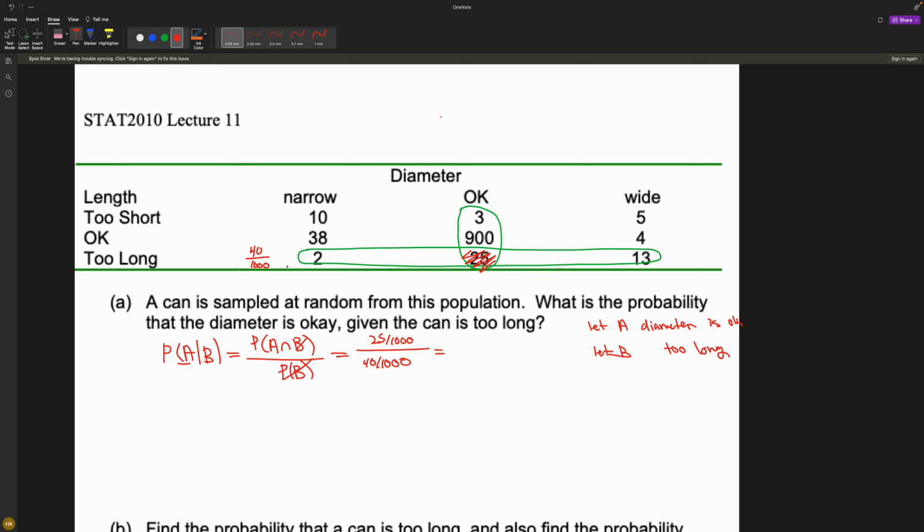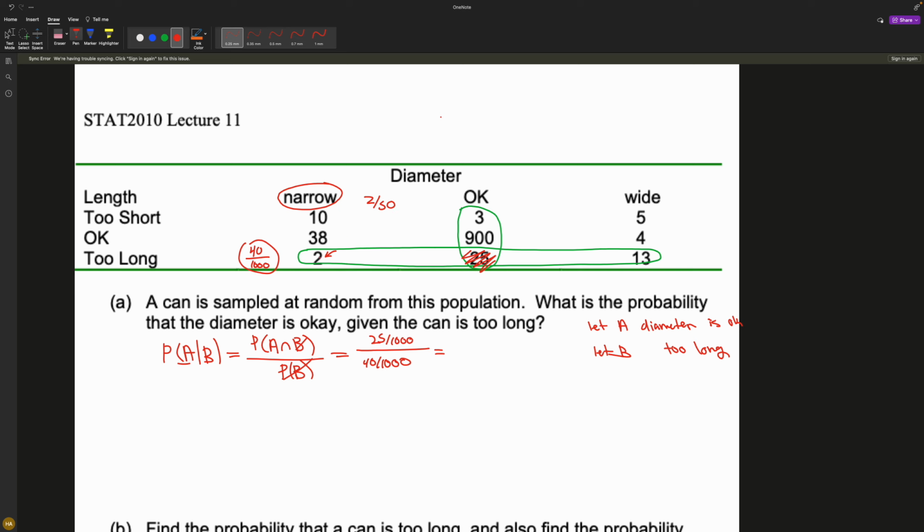Okay? Now, what are the chances? So this is the chances it's too long out of 1,000. Now, what is the chances it's too long out of all the narrow options? Because remember, we're saying, given it's narrow, what are the chances it's too long? Well, that would be 2, right? This is the narrow. That would be 2 divided by the whole thing, which is 38, 48, 50.